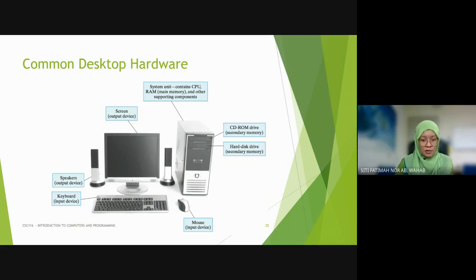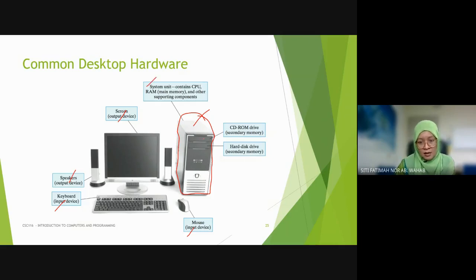The input, the output, the case. Okay, this one is the casing, the case that contains the CPU, RAM, and other supporting components.